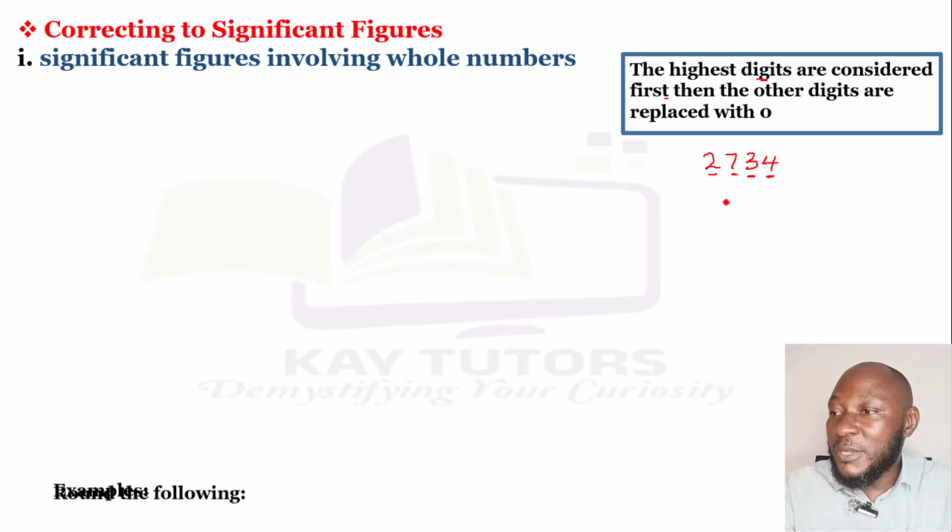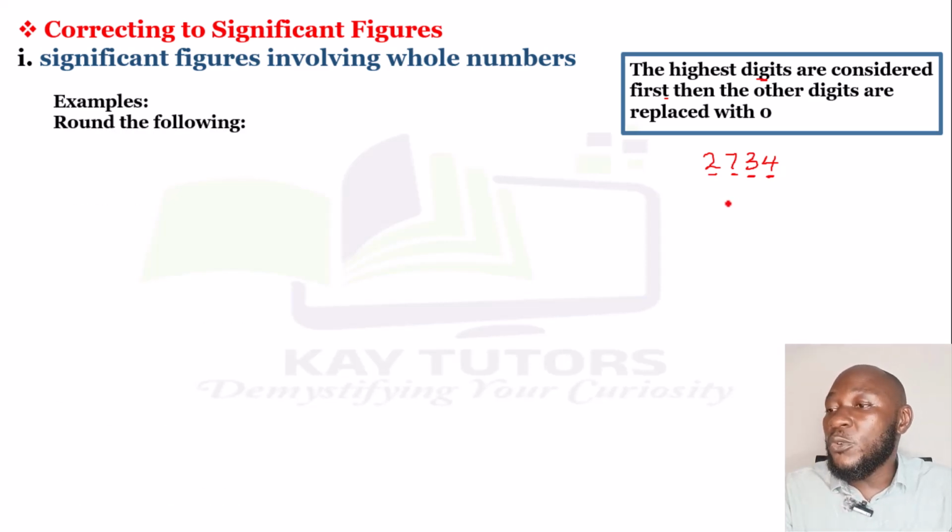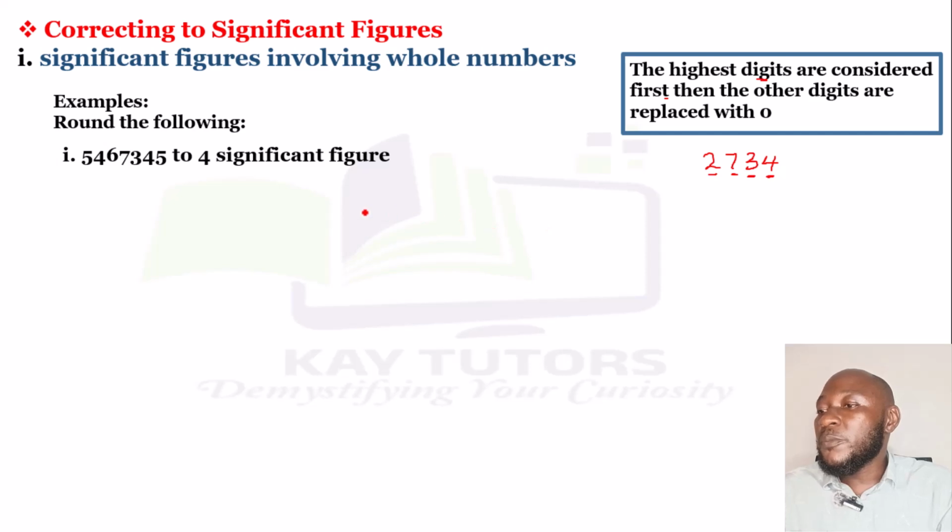Okay, so let's look at some examples now. Round the following. Okay, so let's round this. 5,467,345. We've been asked to round to the nearest 4 significant figures. Well, I'm considering this first, second, third, and fourth.